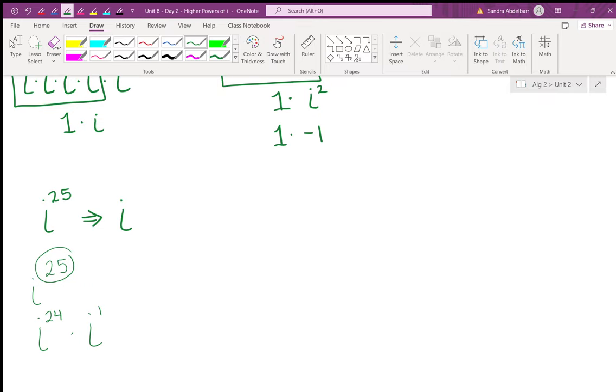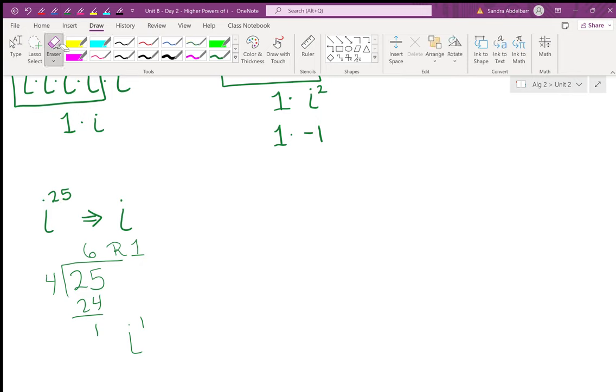Or you can look at it as 4 goes into 25 6 times with a remainder of 1, which means there's just 1 i left over. It's all the same way, no matter how you look at it. Turn it into a multiple of 4 or divide by 4, same process.